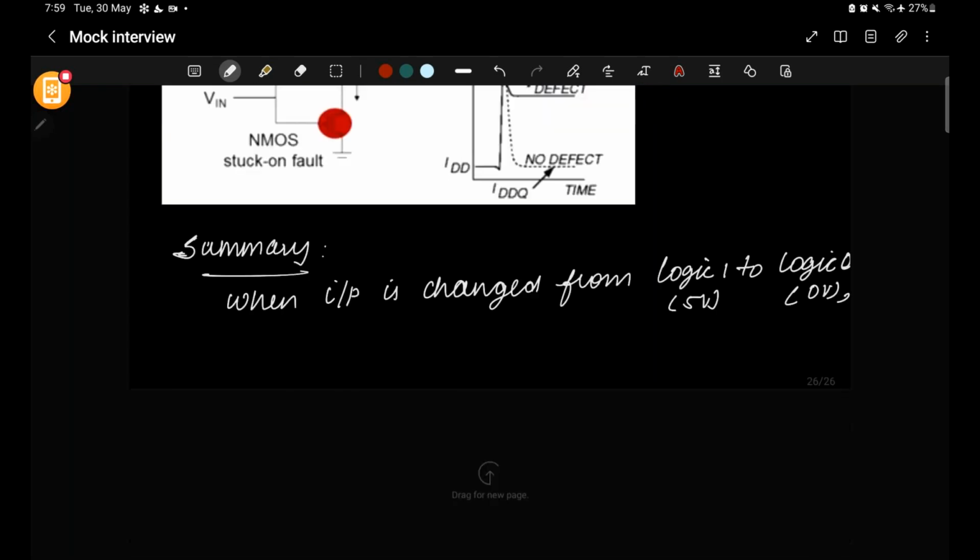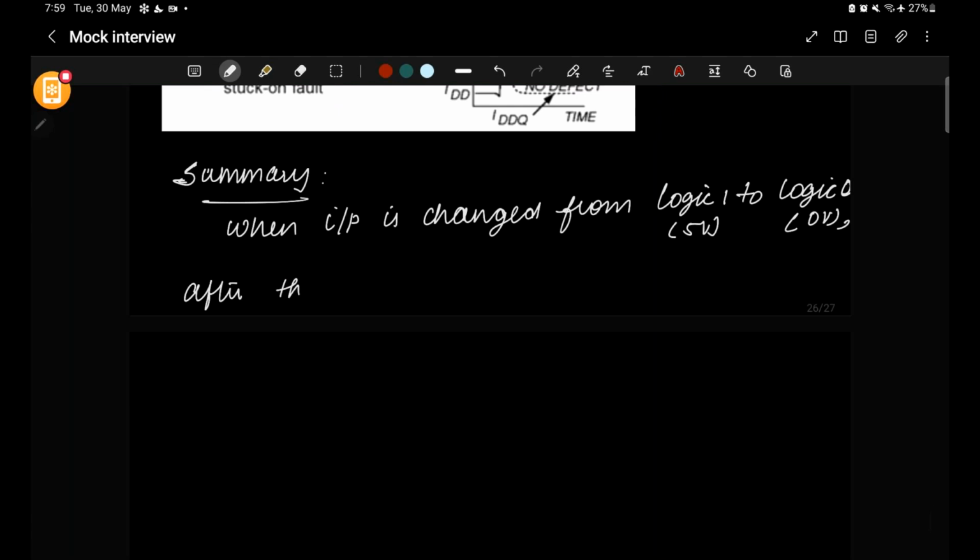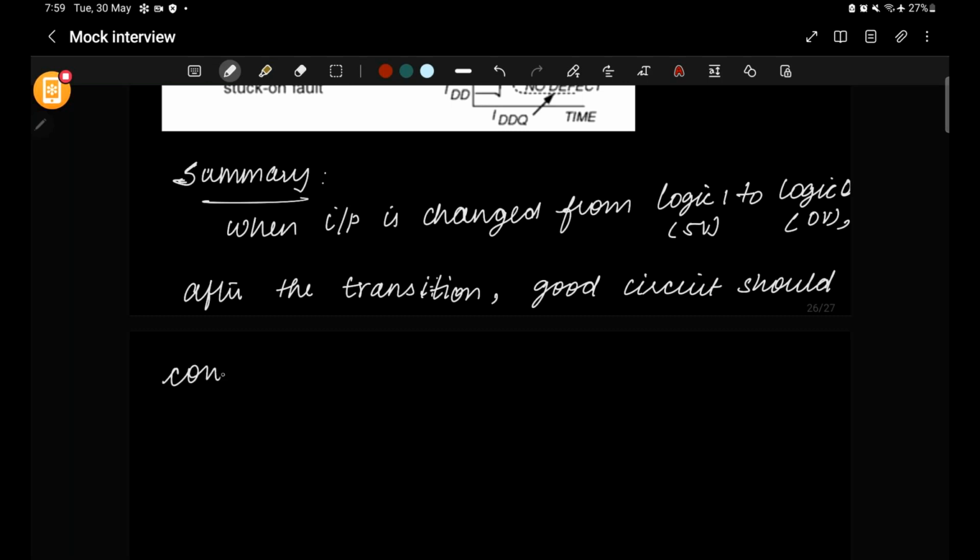After the 1 to 0 transition has happened, a good circuit should consume no static current.